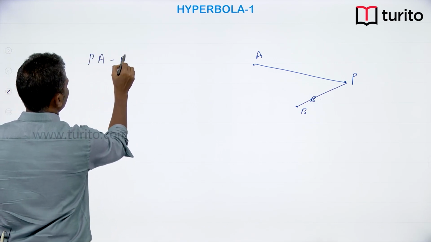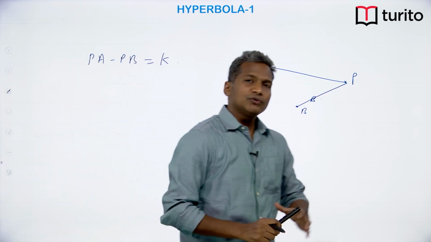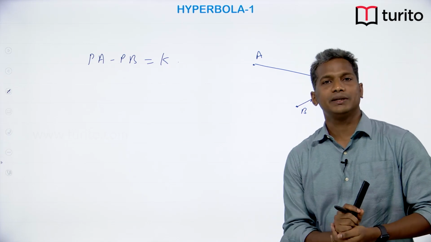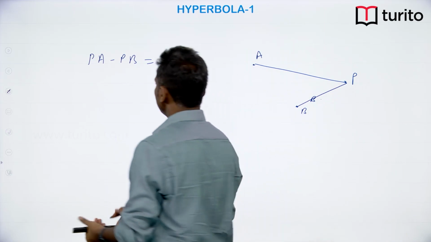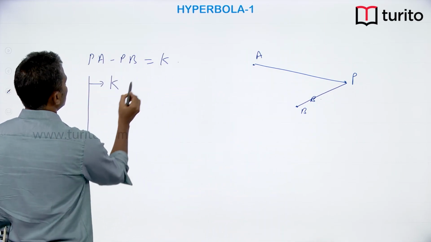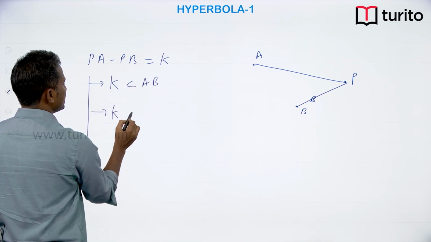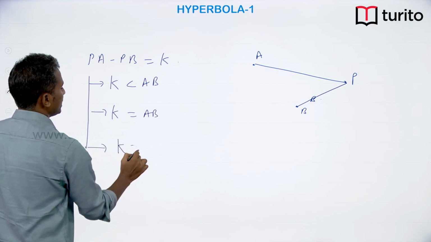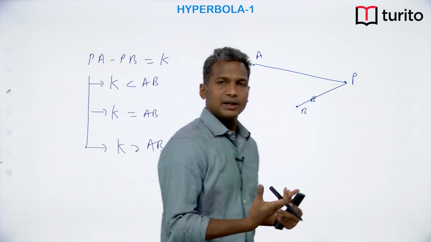Now, what would be the locus of P here? To understand this, we need to understand three different cases: one is K less than AB, the other is K equal to AB, and the third case is K greater than AB.